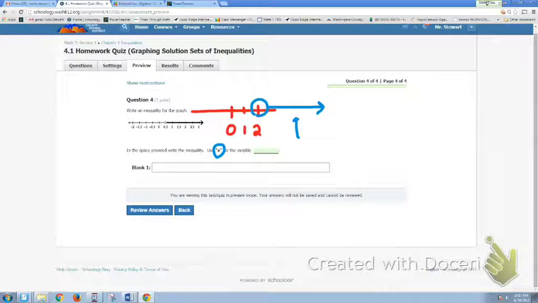So all of the arrow is covering all of the solutions to an inequality, and I'm trying to figure out what that inequality would look like. So here is x, but here is also something that could be x, and here is also something that could be x. So how would I write this as an inequality?